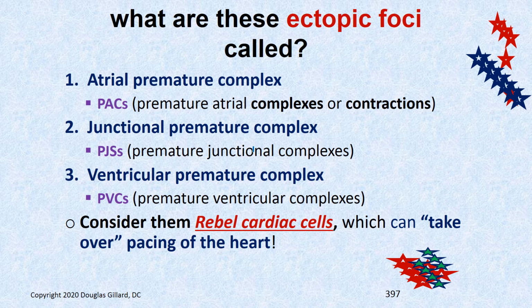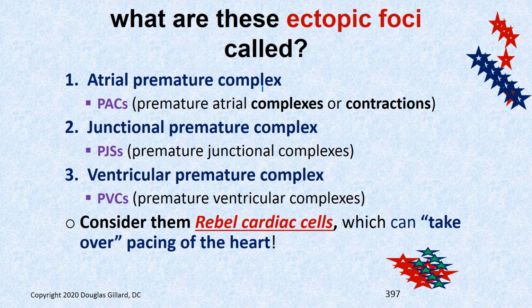What are these ectopic foci called? Atrial premature complexes, or PACs, premature atrial complexes or contractions. Really, the ectopic foci is the electrical abnormality which occurs, and that can give rise to EKG findings called atrial premature complexes.